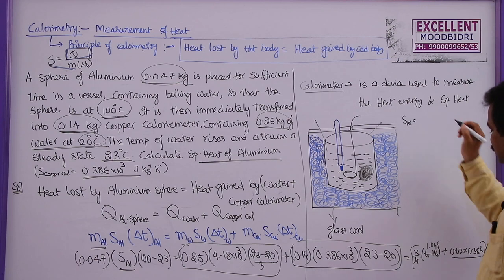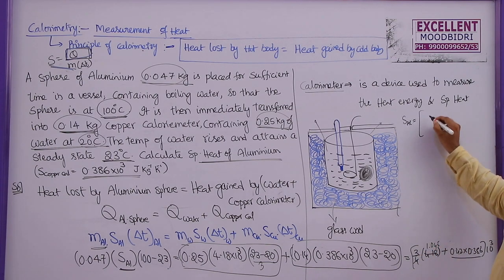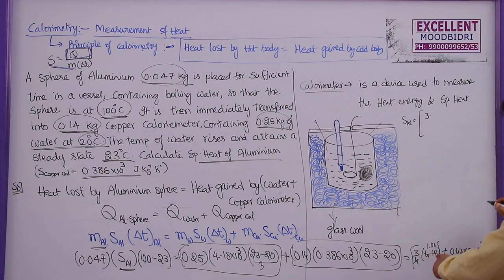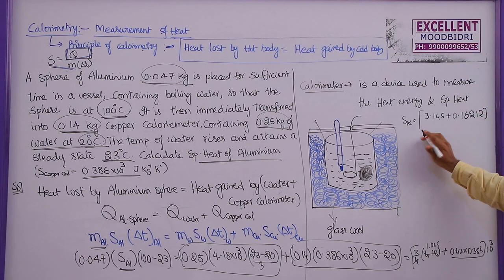Specific heat of aluminum is given by this value, 3 into 1.045. So this will become 3.135, plus this is 0.14 into 0.386, which is equal to 0.05404.